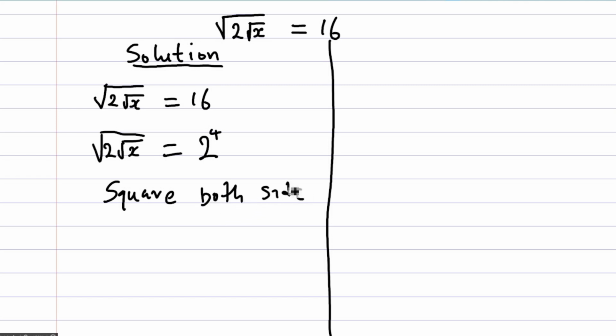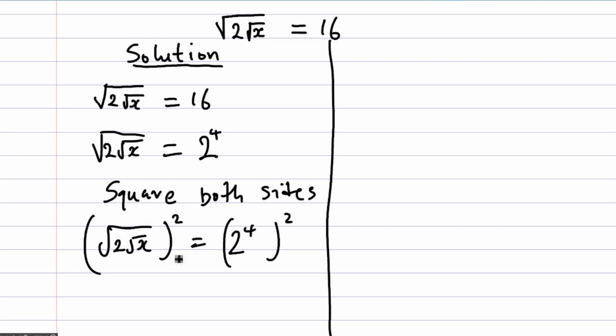So square both sides. To square both sides, you're going to have that the square root of 2 with root x inside, all squared, is equal to 2 raised to power 4, all squared. Now the square root here takes care of this square, so I'm left with 2 root x is equal to 2 raised to power 8.